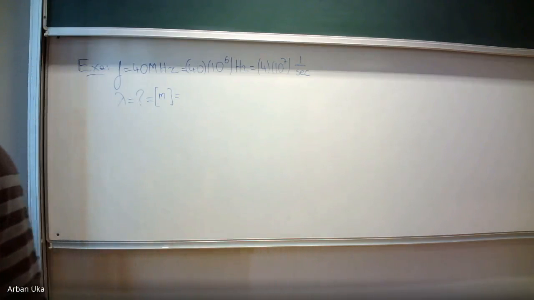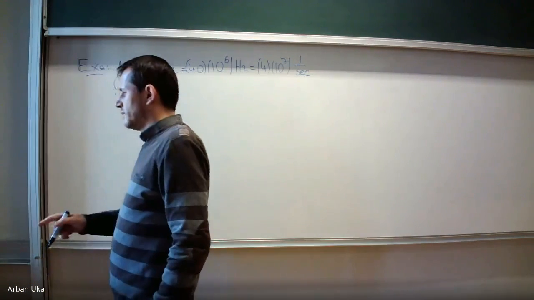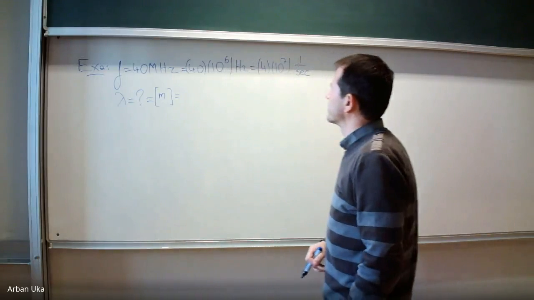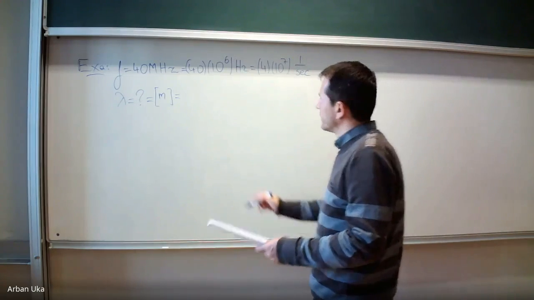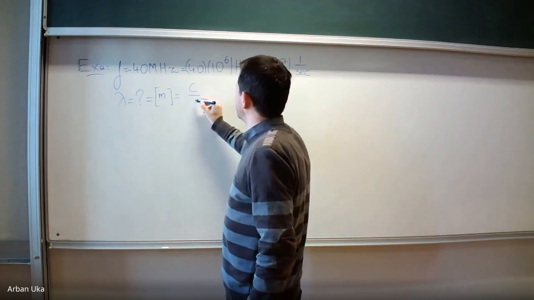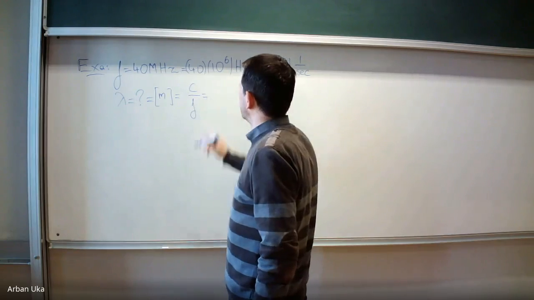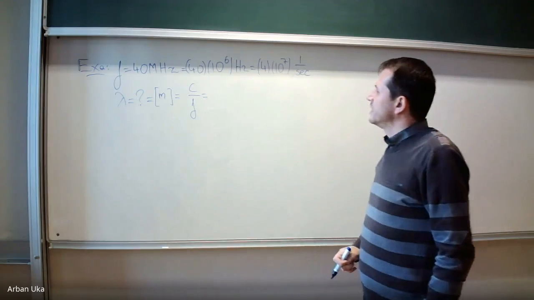So, okay, the text is here, it's just the wavelength. It should be equal to the speed of light over the frequency. Regarding this, we can even check the units.